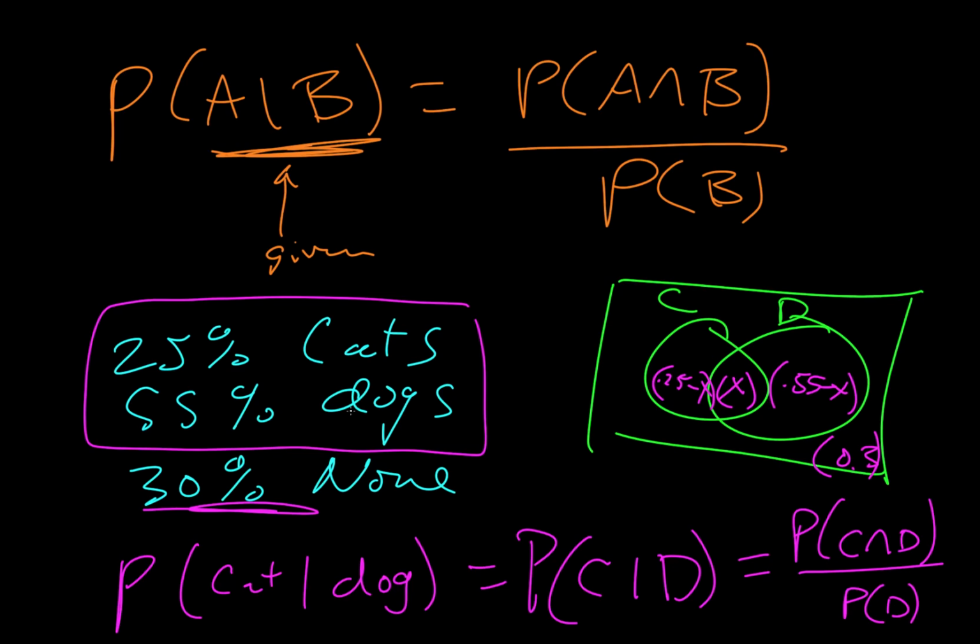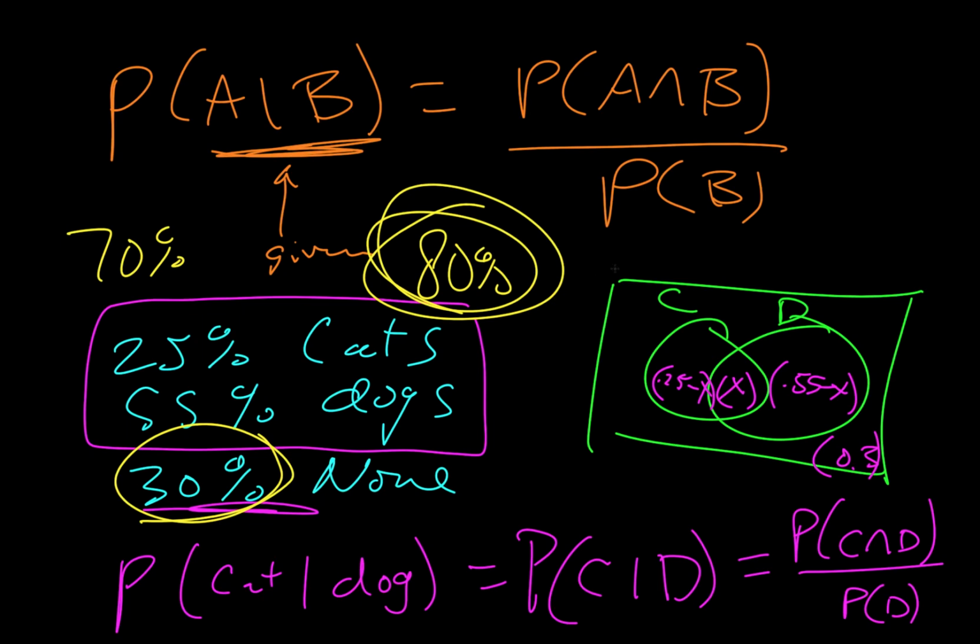And so what we can do is we can just look at this situation that I've circled here. Now we know this represents 70% because 30% have none. And so if we add these together, we're going to get 5, 6, 7, 80%. So that's too much. So we know that 10% of these have both.